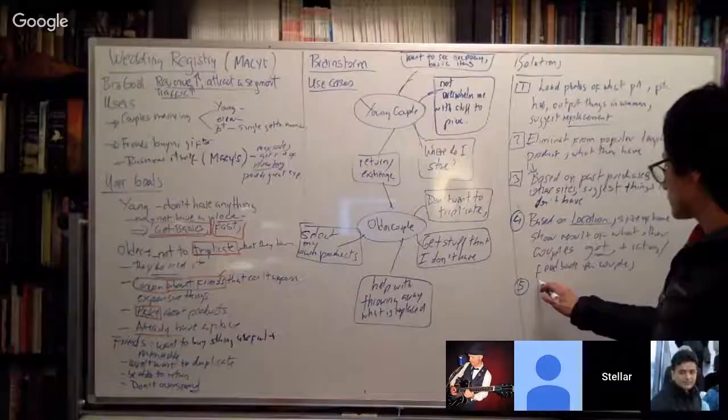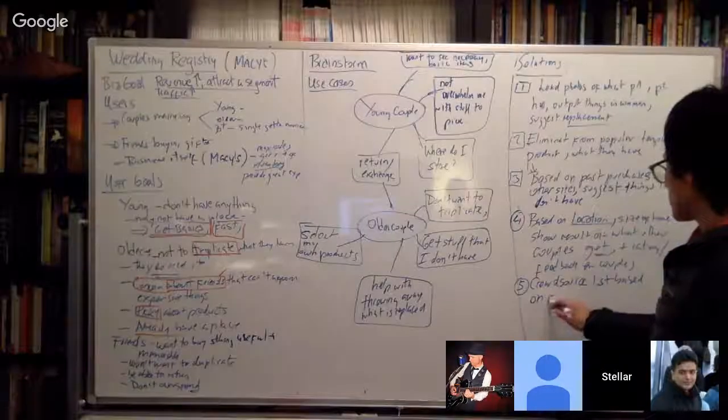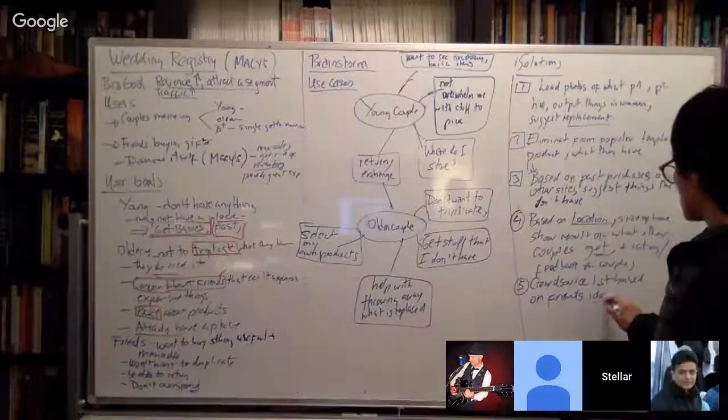So that's a crowdsourced list of interesting things that they want you to have in your home. But this is through friends who are probably contributing to this registry. Yeah, that's good.